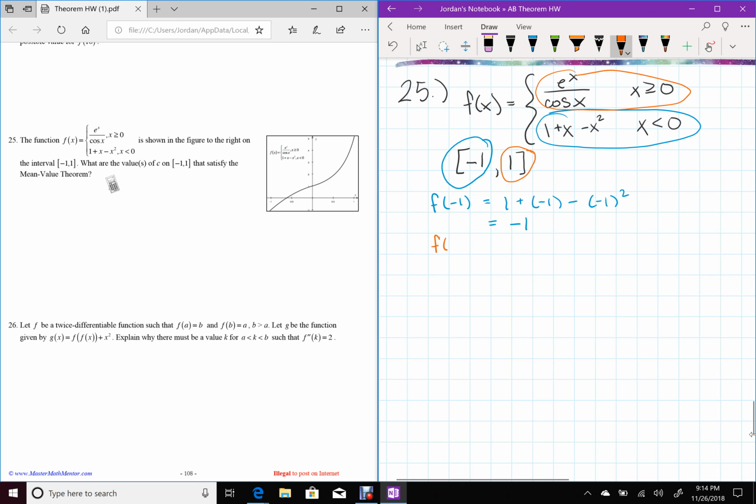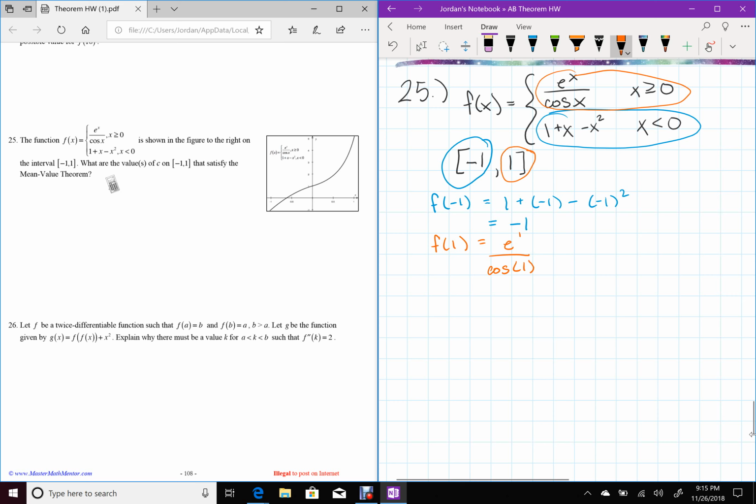Then if we look at f of 1, we're going to need to look at e to the 1 over cosine of 1. Now, the problem is, which derivative do we need to look at?